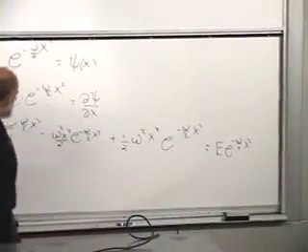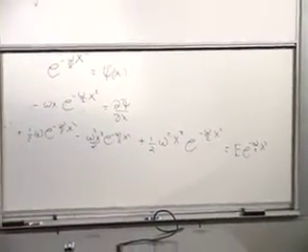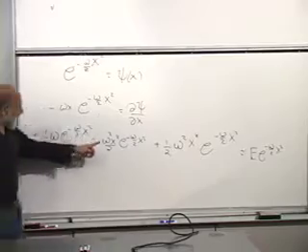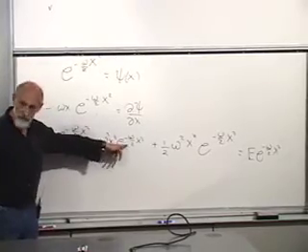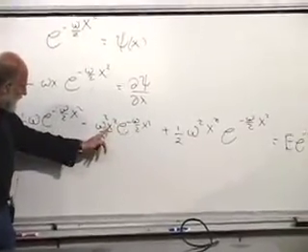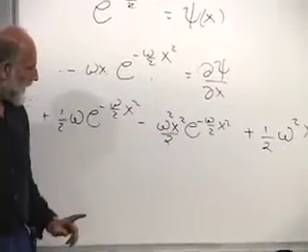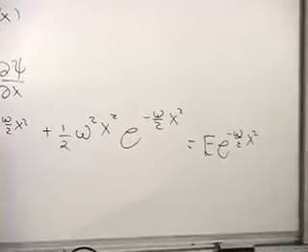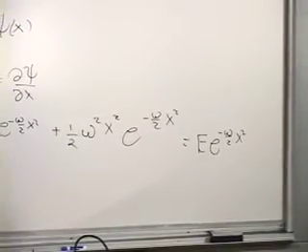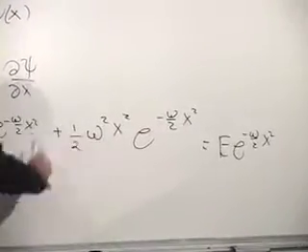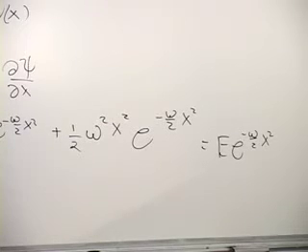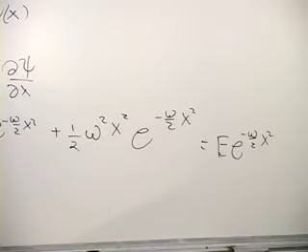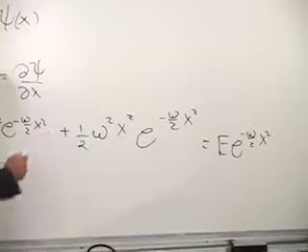Okay, let's examine the terms. There are two kinds of terms. One of them has x squared e to the minus omega over 2 x squared. In other words, one of them has an x squared sitting out in front. In fact, there are two of them. These two both have omega squared x squared over 2 multiplying the wave function. But fortunately, they cancel, because there would be nothing to cancel them against in the rest of the equation, minus and plus.